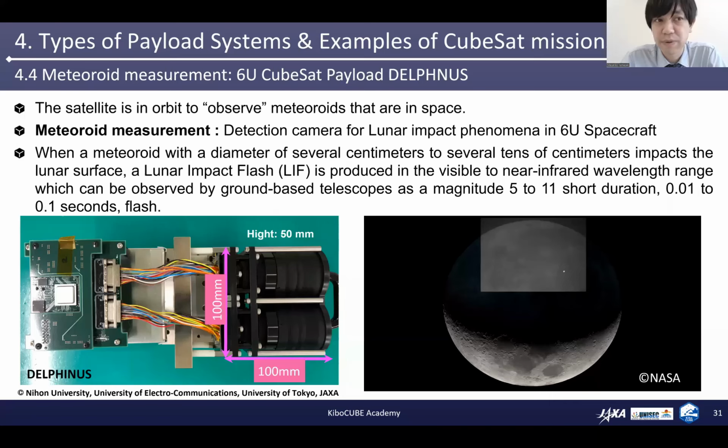The third example is the meteoroids measurement mission by the 6U CubeSat payload Delphinus.